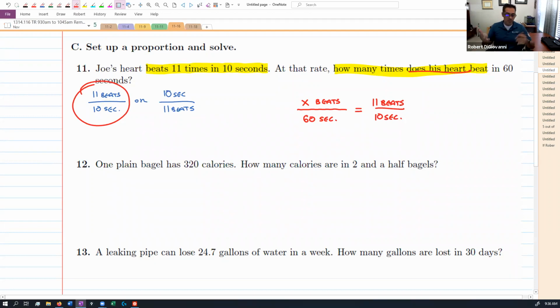And then what I told you, once you get this set up, you can do cross multiplication. So you can multiply the 10 times x and the 60 times 11. So if I do 10 times x, I get 10x. And if I do 60 times 11, I get what?